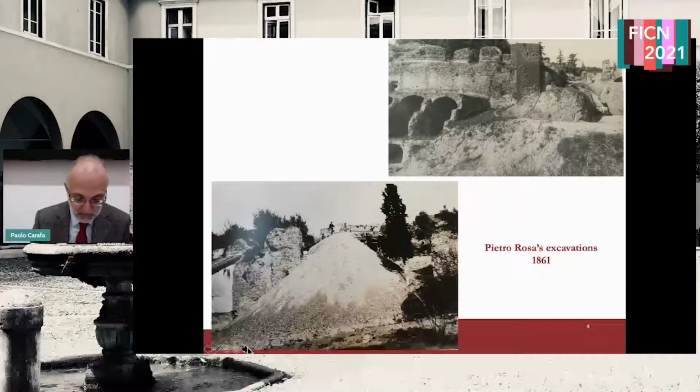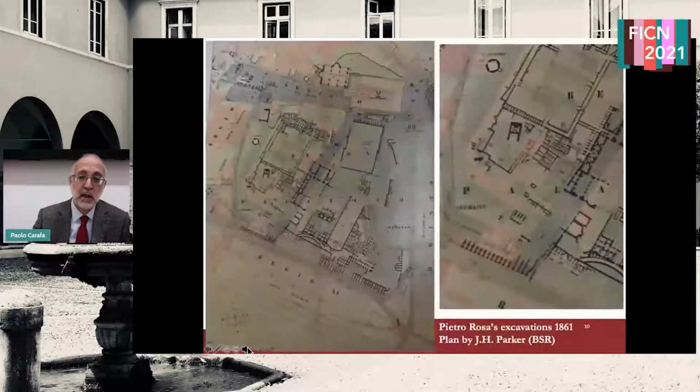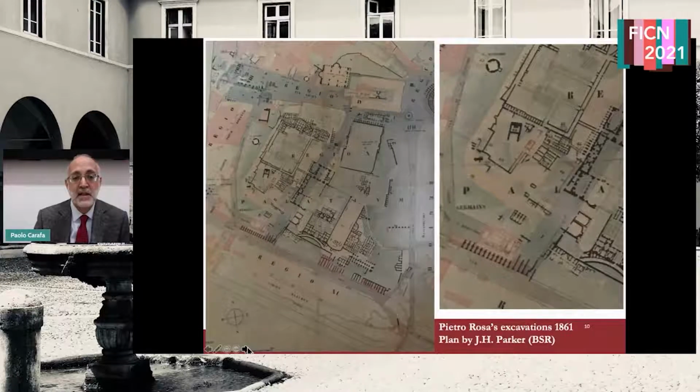The archaeological history of this place was inaugurated during the wide excavation carried on in the second half of the 19th century. This excavation was carried on by the famous archaeologist Pietro Rosa, and this is the first plan of the revealed ancient Palatine.